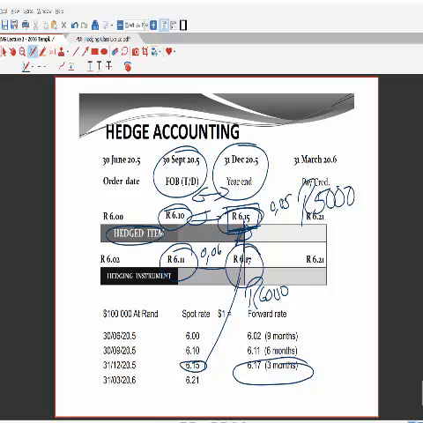Because on transaction date we would have paid 610 for the creditor, but now at year end we are going to pay 615. So for that reason our liability is now more, and therefore we are making a loss on this creditor.